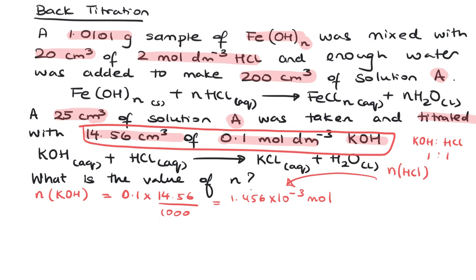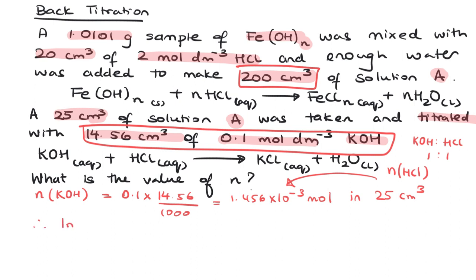We know that this number of moles is present in 25 cm³ of solution A. So we have to work out how many moles will be present in the original solution A, which is 200 cm³.